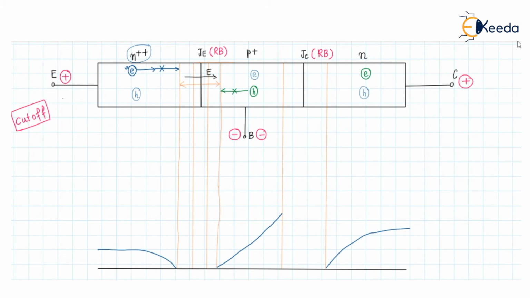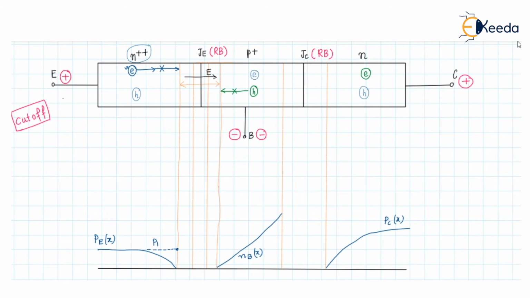So this is the minority carrier concentration, that is the holes in the emitter, which is changing with respect to x, and this is the minority carrier concentration, that is the electron concentration within the base, which is changing with respect to x, and this is the minority carrier concentration, that is p, the holes within the collector with respect to x, and this is the thermal equilibrium value of the concentration of the holes in the emitter.